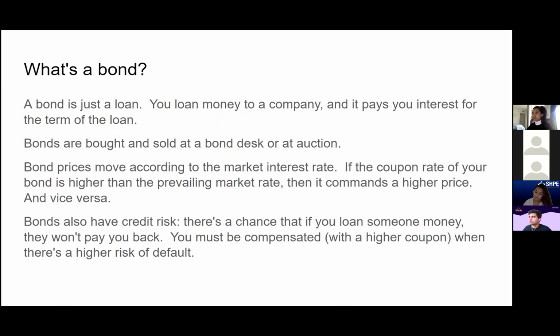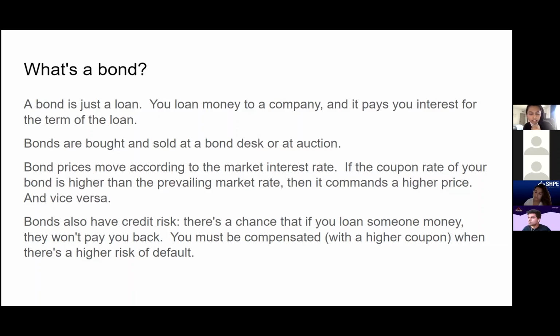Bond prices move, but they move by the prevailing market interest rate. Bonds pay what's called a coupon. If the bond coupon is greater than the market interest rate, then your bond is valuable and it commands a higher price. And the opposite is true if your coupon is less than the market interest rate.